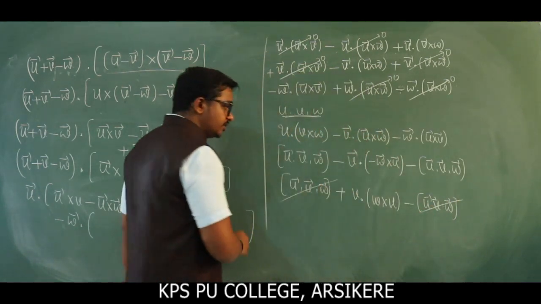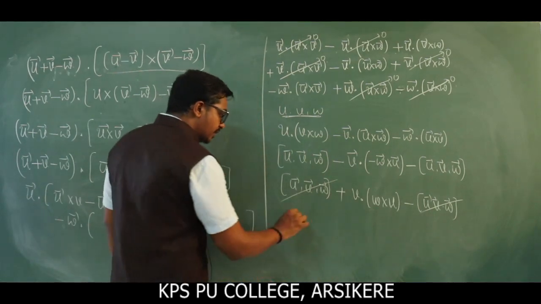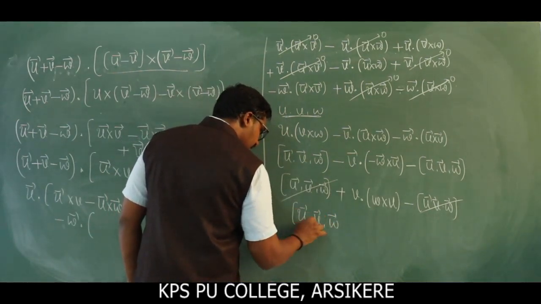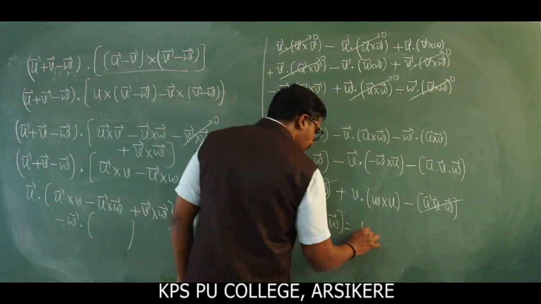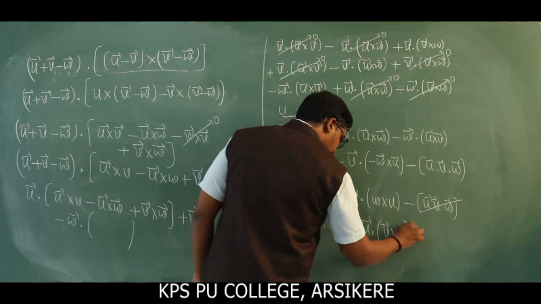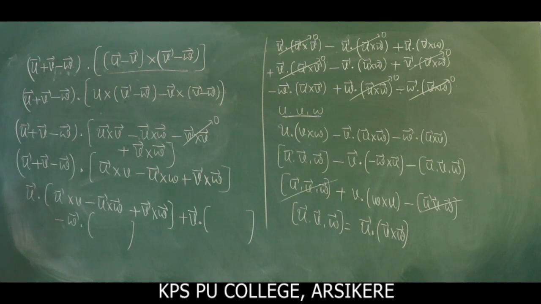So this term gets cancelled because one is positive, one is negative. Finally we are left with this term. This also can be written as u v w, scalar triple product of u v w, or u dot v cross w.